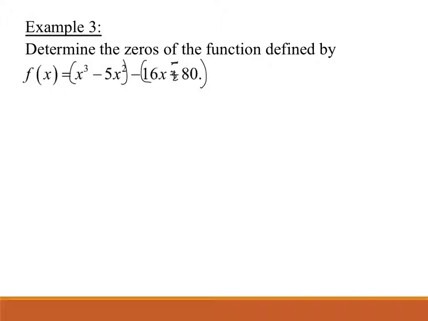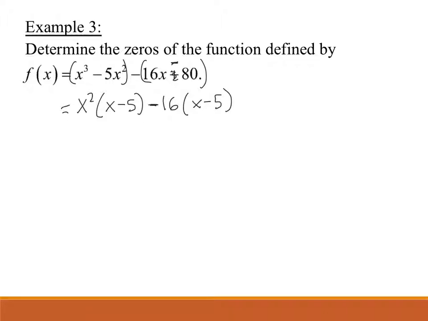Now we can start pulling out an x squared from the first one. So this is going to be x squared times x minus 5. And in the back we're going to pull out a negative 16. And when we do that, we get an x minus 5.